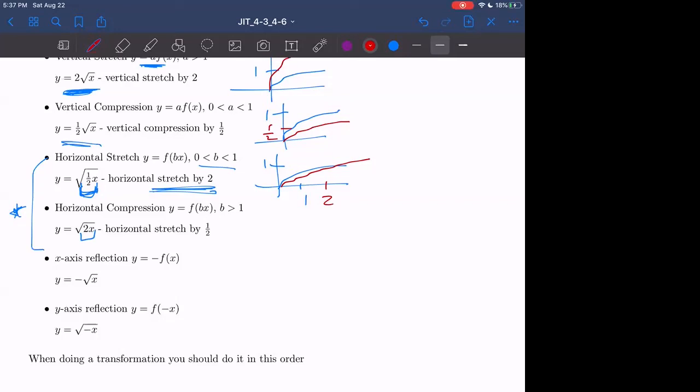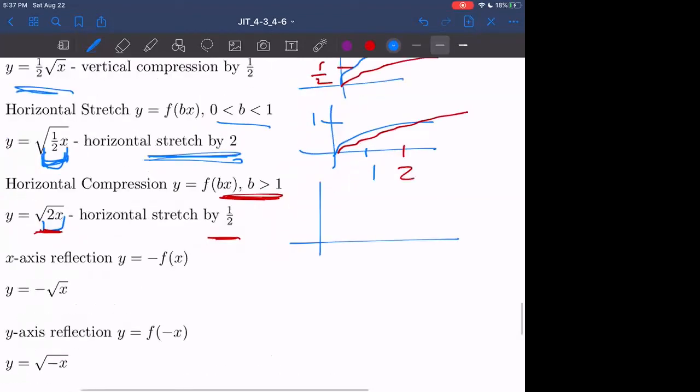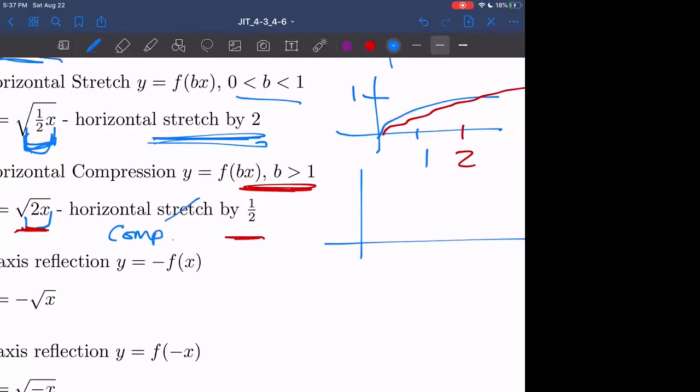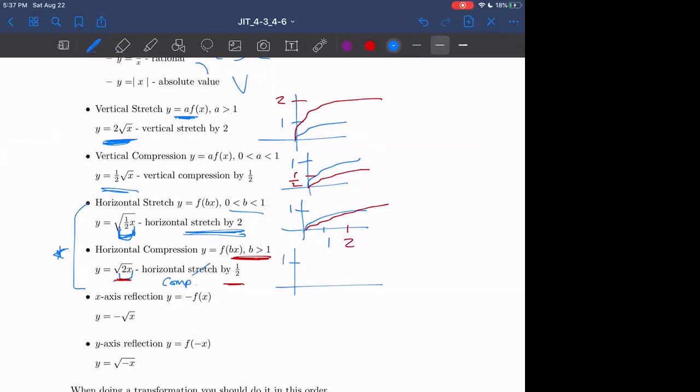Okay, if the value that you're multiplying it by is greater than 1, so in this case we had 2, that means we're doing a horizontal compression by 1/2. Okay, but it all gets compressed by a half. So if there was our original, everything would be compressed to a half.